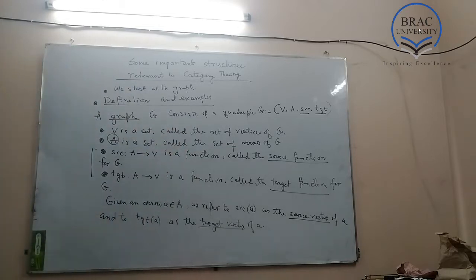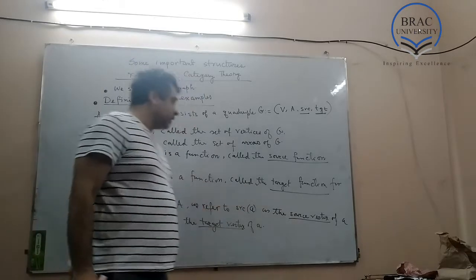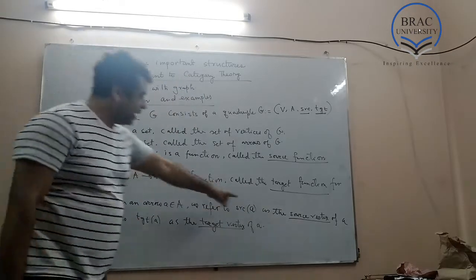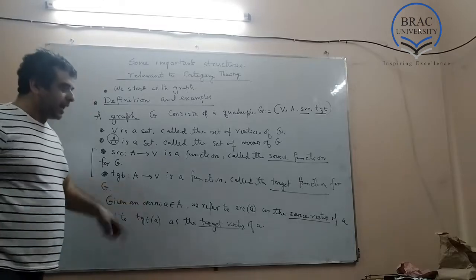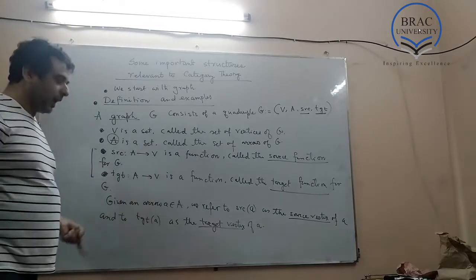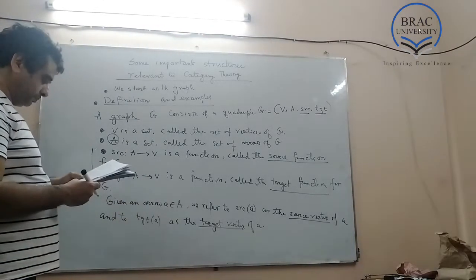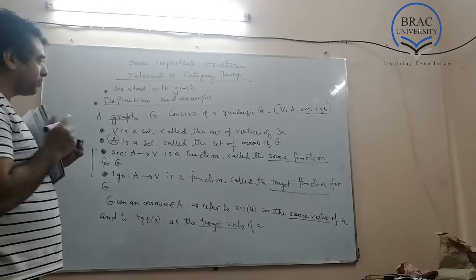So given an arrow, we can refer to SRC(a) as the source vertex of a and TGT(a) as the target vertex of a. Alright. So let me give you an example.